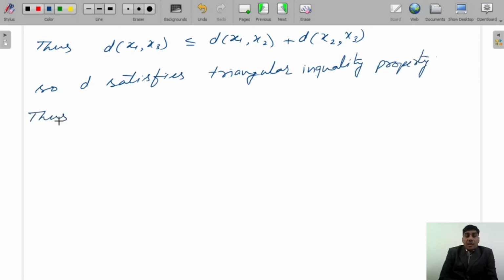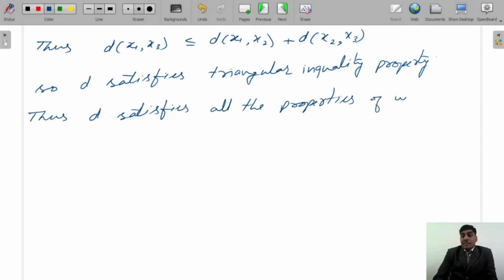Thus d satisfies all the properties of metric on X. Therefore (X, d) is a metric space.